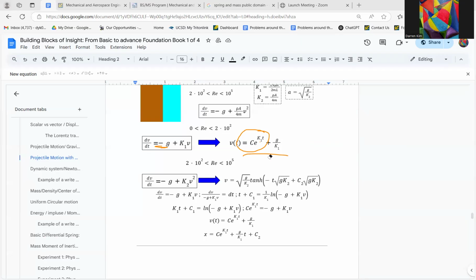Now, similarly, for when it's down over here, when we go to tanh, fun fact: because of how this is formatted, this IC could change this from this state to this state by having this imaginary.